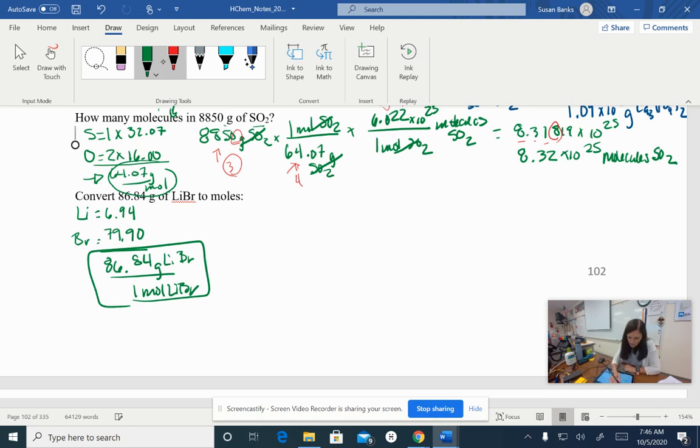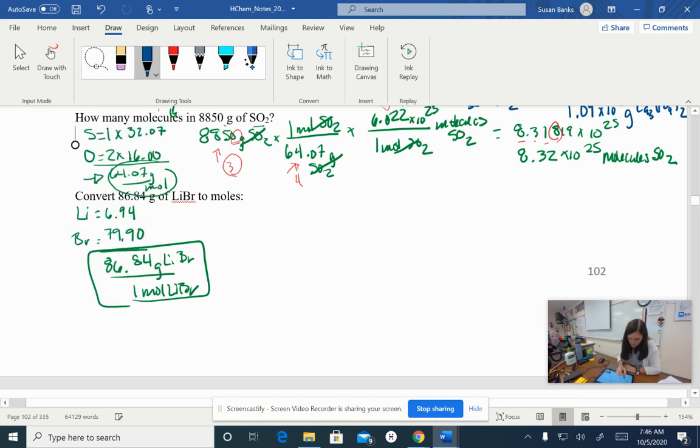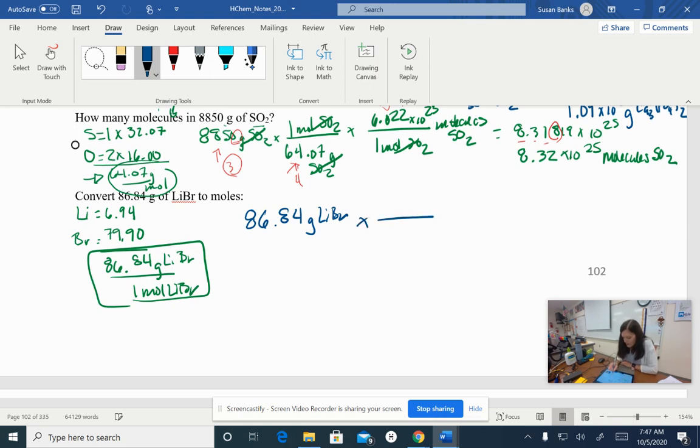I'm going to start out with the number that is given in the problem, which is 86.84. Now, I want my grams to cancel. So I'm going to put my 86.84 from this conversion factor.